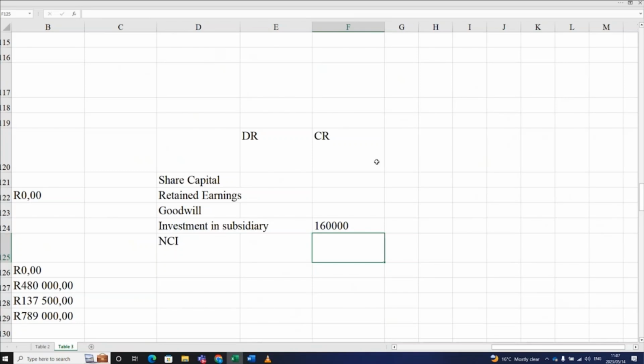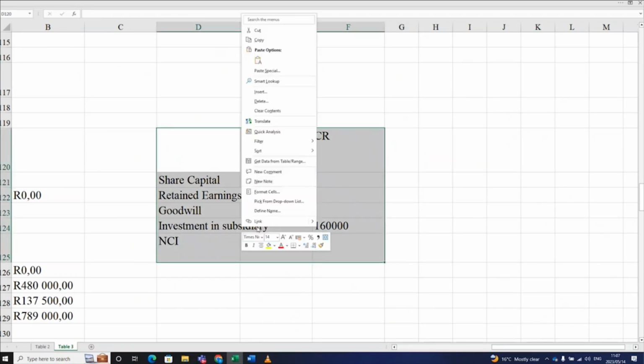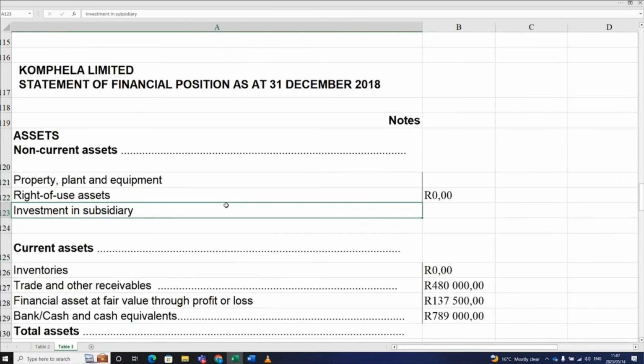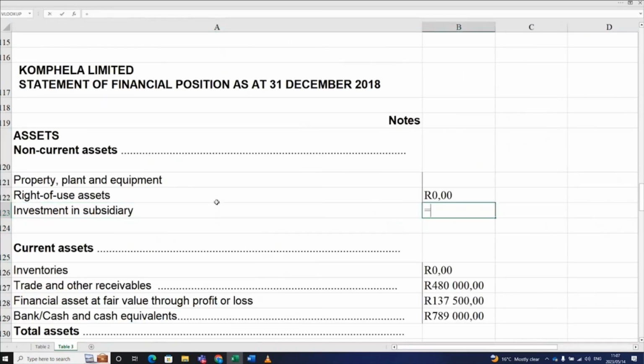This is at the point at which the parent acquires a subsidiary, and that's the 160,000 that we're talking about here. Normally it's separated for that reason, but over here it's combined, which is acceptable.